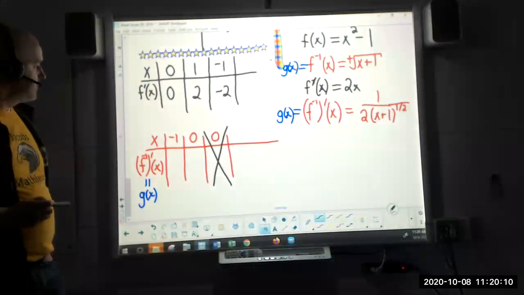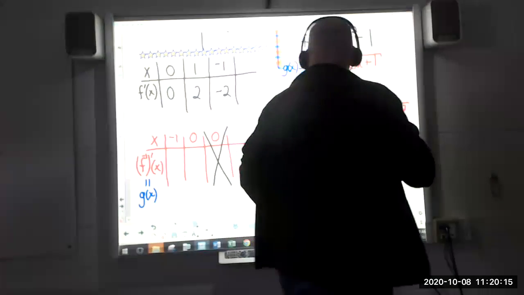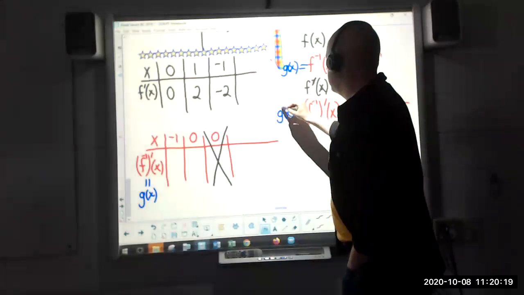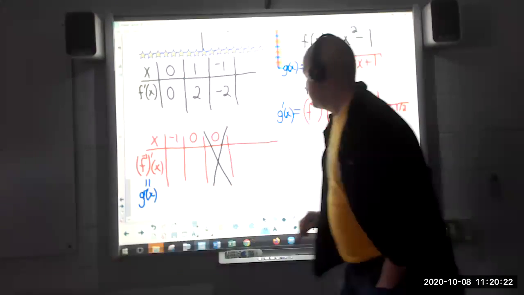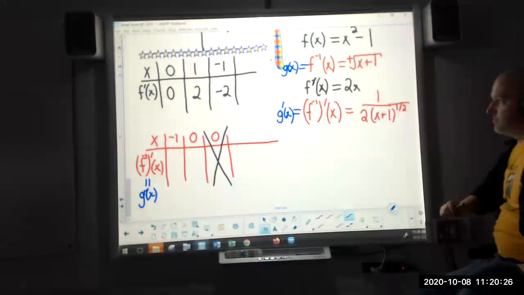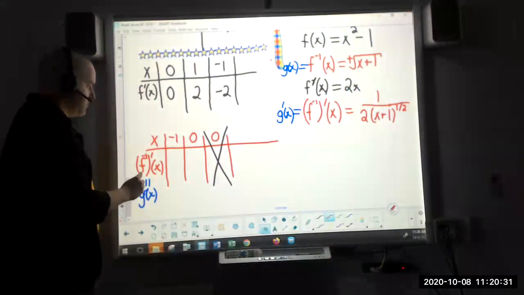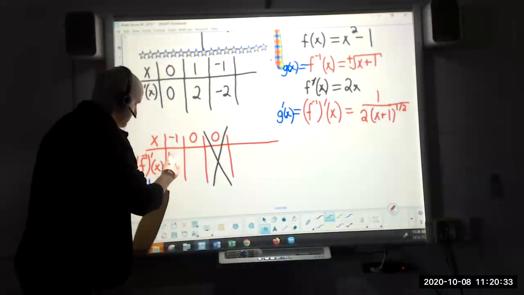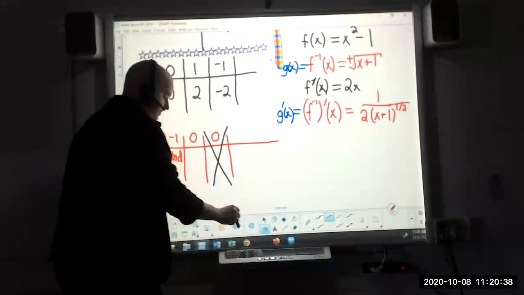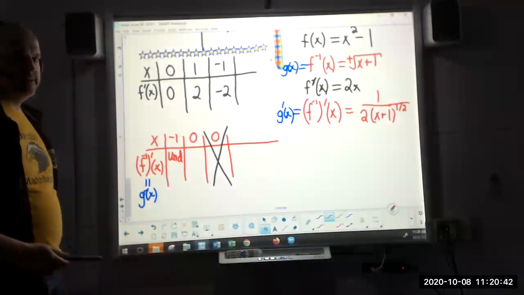Okay, so let's talk about the slopes. Looking at f inverse, that should say g prime. Sorry. What do you get when x is -1? -1 plus 1 is 0. Square root of 0 is 0. This is undefined, isn't it? Okay. How about when x is 0? What do you get?